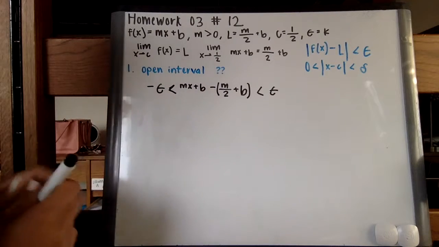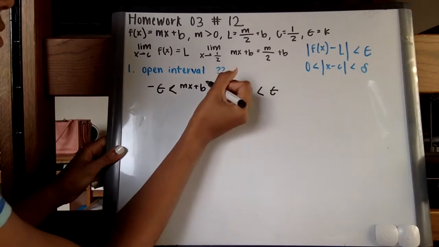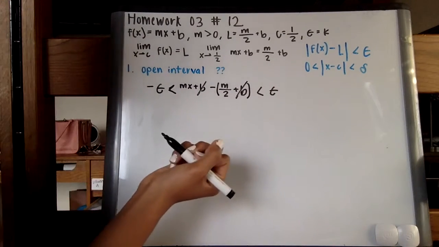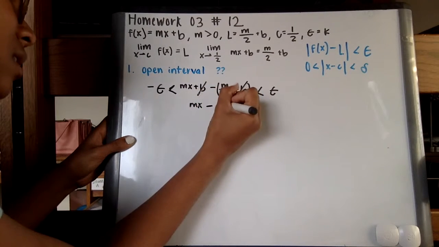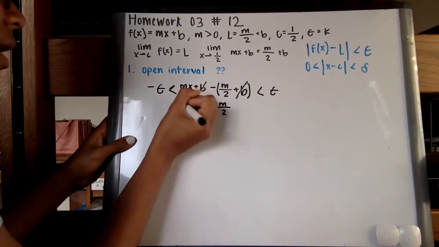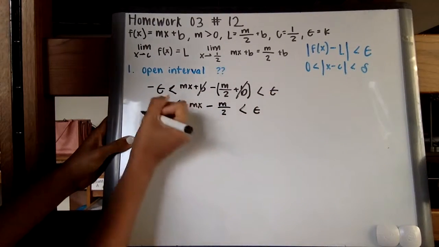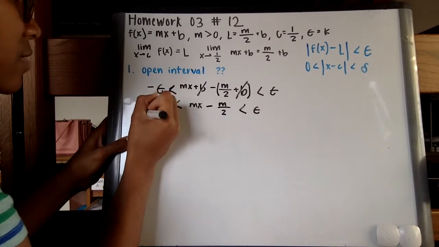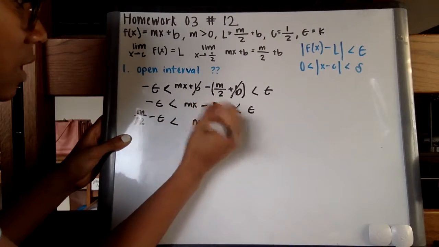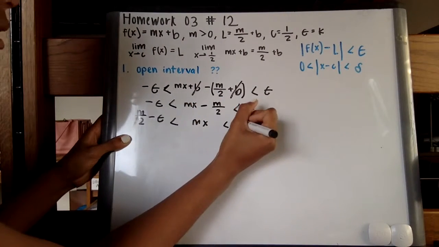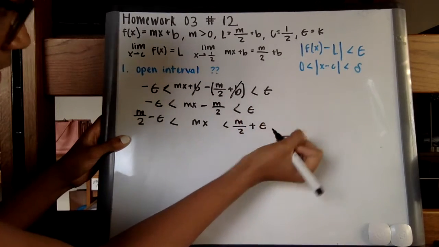So we need to get x by itself to find the values of x. If you distribute this negative, b is going to cancel out, leaving mx minus m over 2, and we keep our bounds. Then we add m over 2 to both sides, so we have m over 2 minus epsilon, with mx in the middle, and m over 2 plus our positive epsilon.